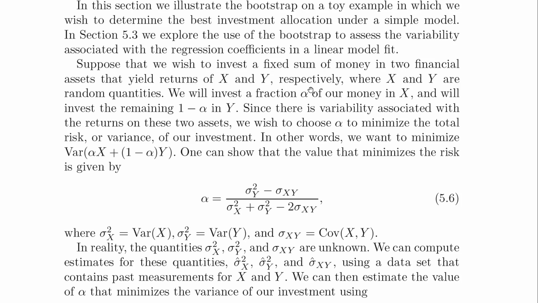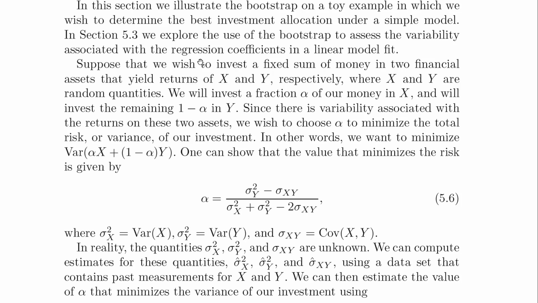So we will invest a fraction alpha of our money in asset X. So think of Roblox, and we'll invest the remaining 1 minus alpha in Y. Think of British Airways. Since there is variability associated with the returns on these two assets, we wish to choose alpha to minimize the total risk or variance of our investment.